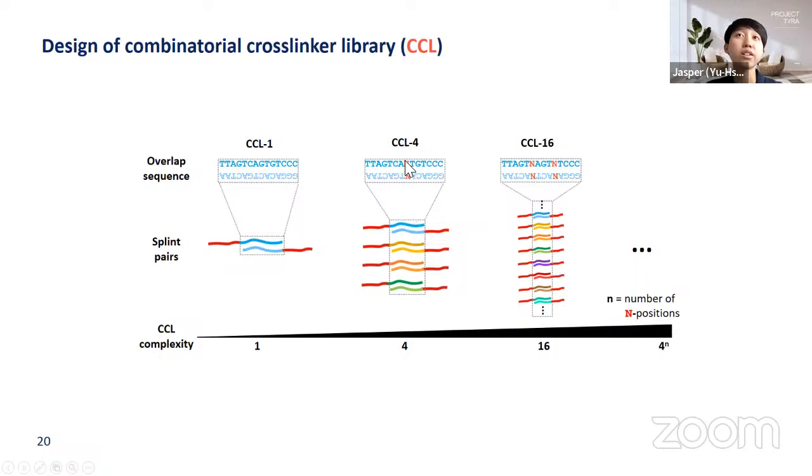So imagine there's an N base, which could be A, T, C, or G. If you have one N base, you will get 4 different sequences in this library. If you have 2 N bases, you get 4 times 4, which is 16 different sequences in this library, and so on. In this case, we only need to synthesize one tube, but we can still enjoy a diverse pool of sequences.